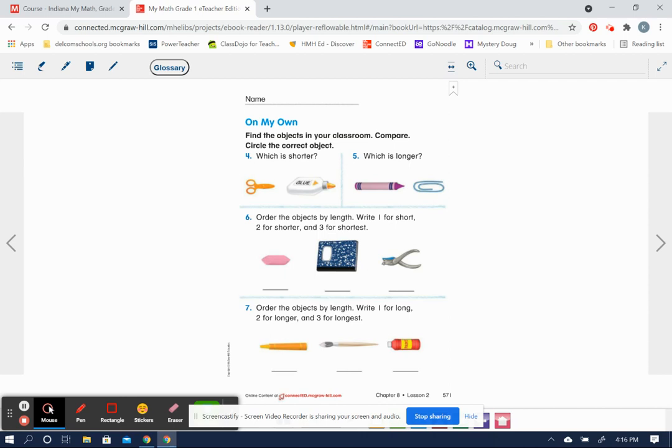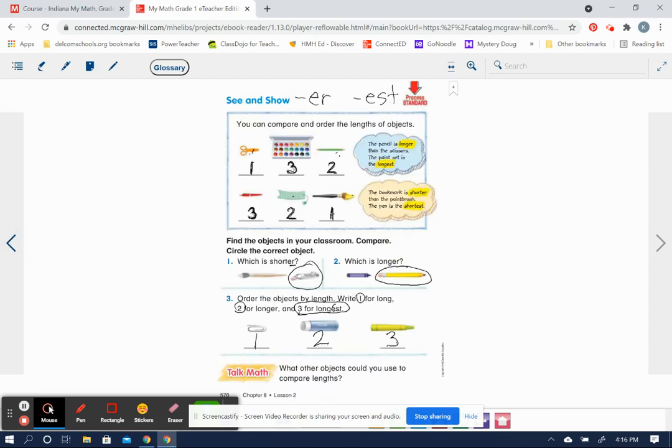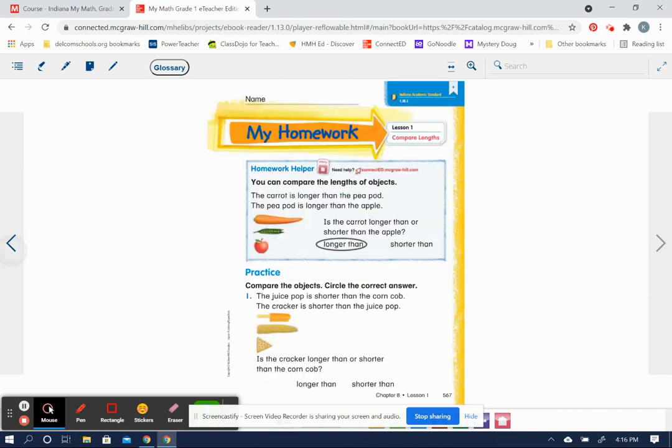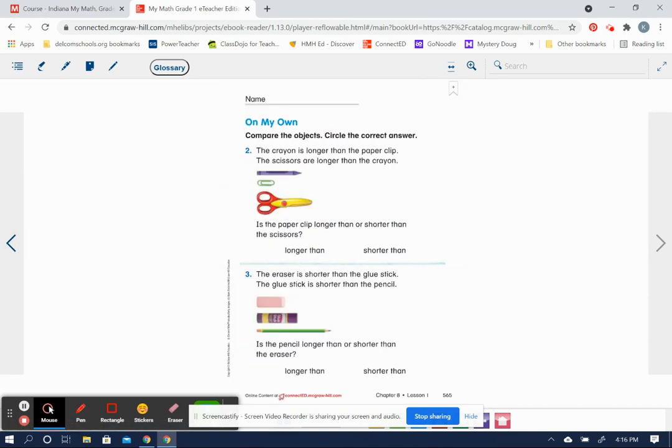So I'm going to put some of these questions in a Nearpod for you to practice on your own. And I will just add those practice items to the items over here that we did too, that were pretty simple.